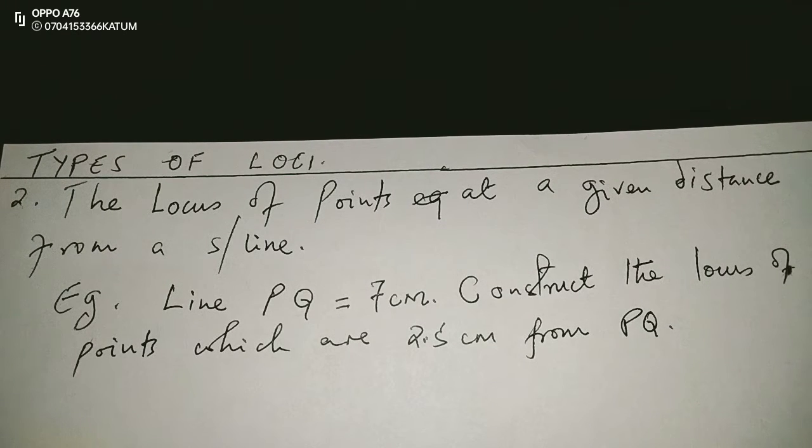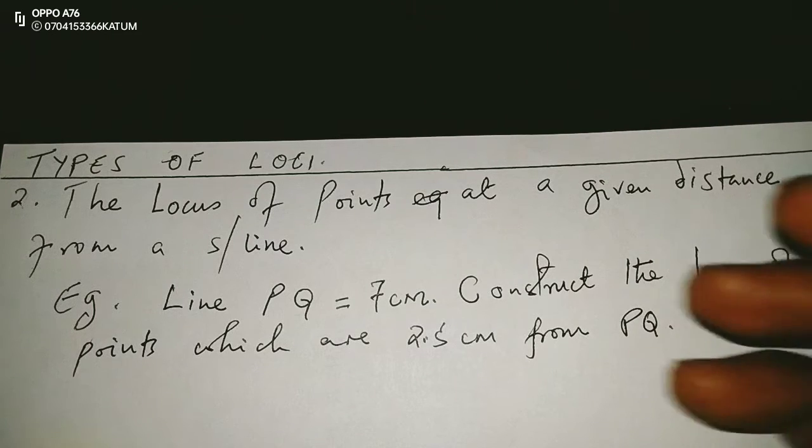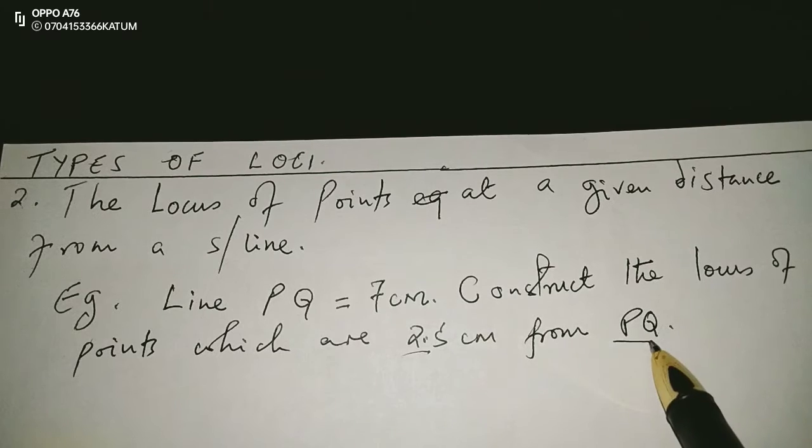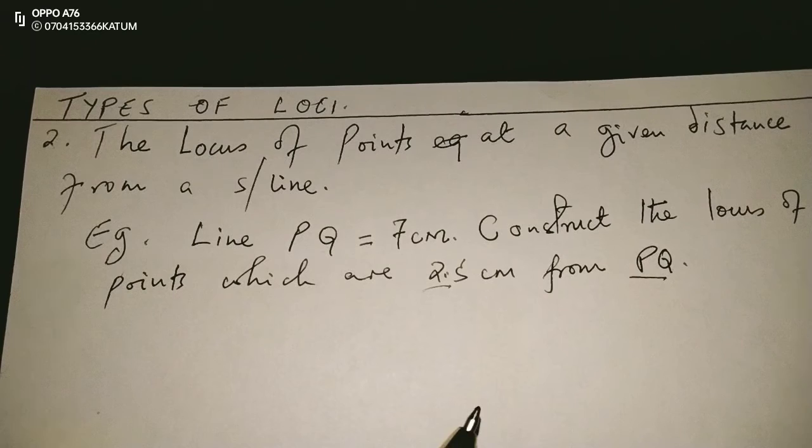So in this case, we are constructing the locus of points which are at a given distance, and the given distance here is 2.5 centimeters from the given line. So how do we go about this one?